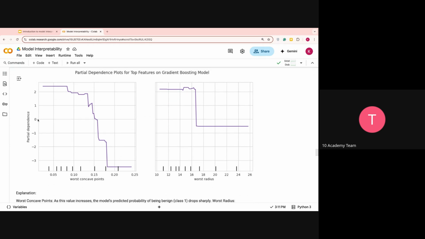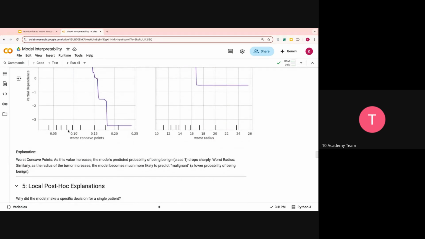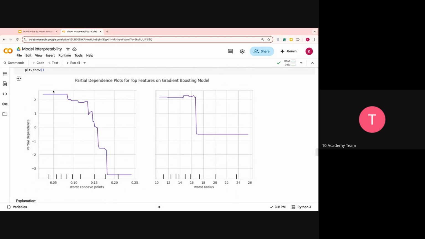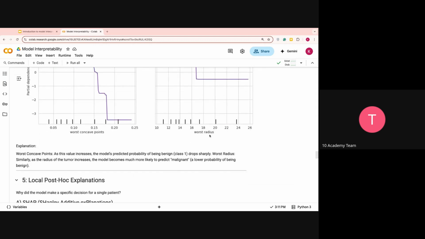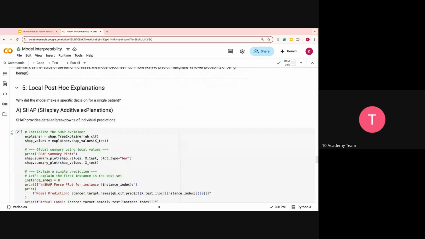You can see how they drop when we change the worst concave points, how their partial dependence changes. As worst concave point value increases, the model prediction probability drops, as you can see it's going down. It drops to a certain point, then it is going to be flat lined. Similarly, as the radius of the tumor increases, the model becomes much more likely to predict malignant, which is a lower probability of being benign. So things like this.